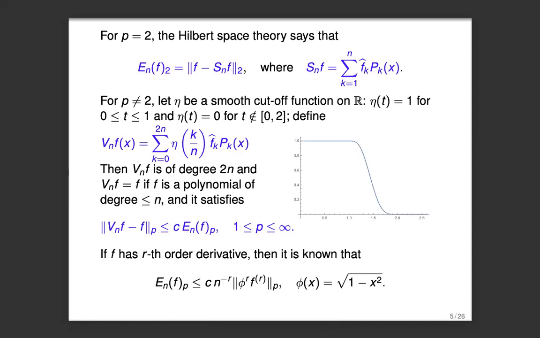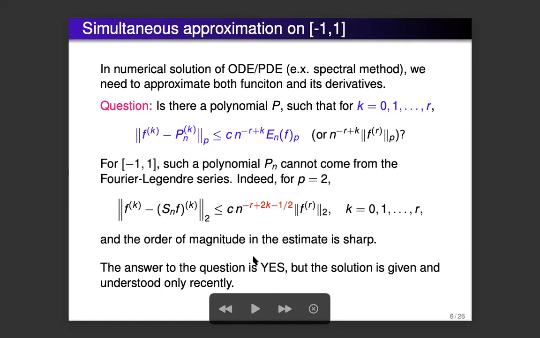So let's see what can be a problem. There is a potential problem if you think about numerical solution of ODEs and PDEs, for example, by spectral methods. I will later explain what the spectral method means.